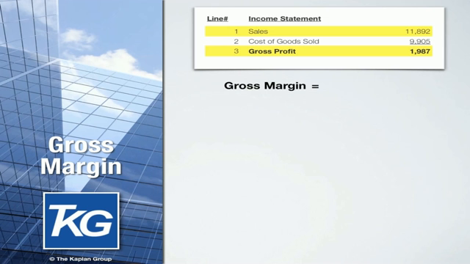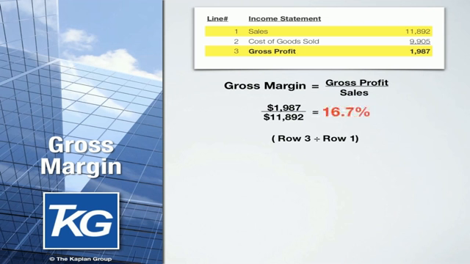The gross margin is calculated by dividing the gross profit of $1,987,000 by revenue of $11,892,000, and we see that the gross margin percent is 16.7%. Now, whether 16.7% is good or bad is something we can't tell just yet. We'll discuss how to determine if this is good or bad in a moment, but first we'll define a few other profitability ratios.